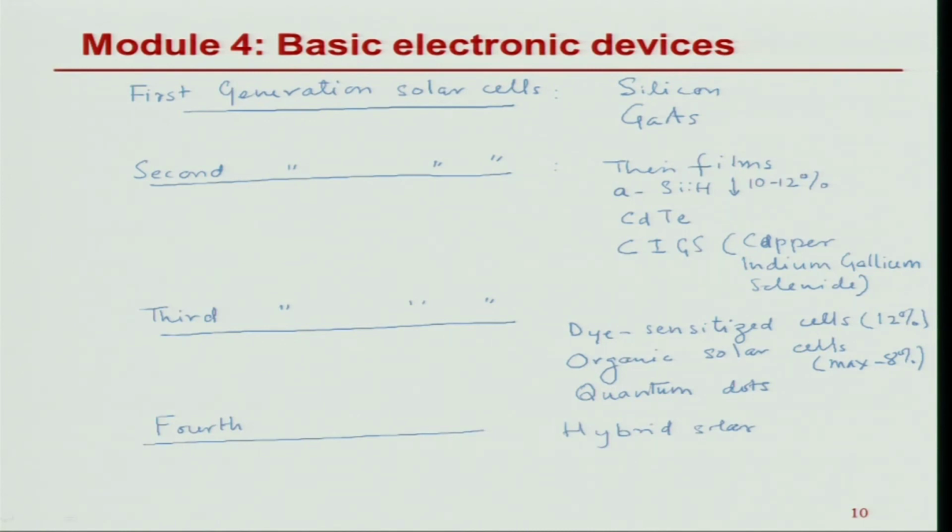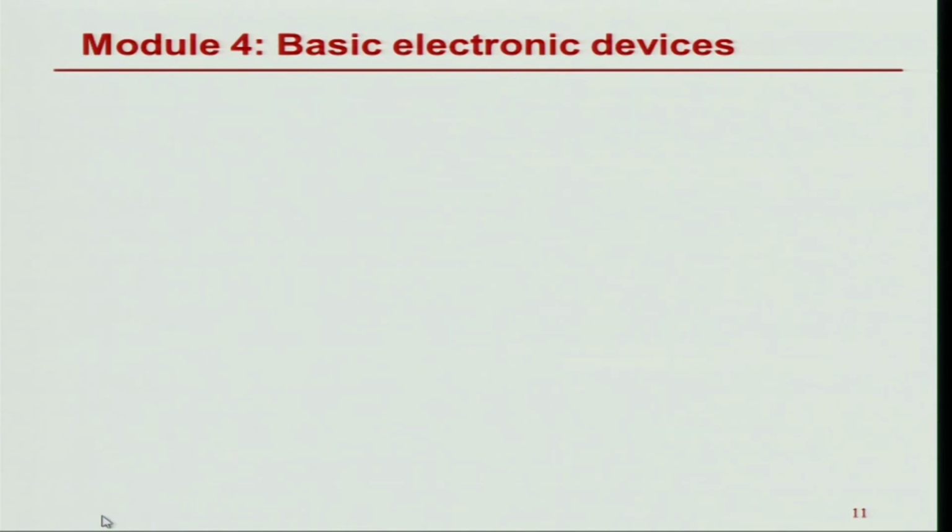So in summary, I have covered what a solar cell device is and how it works. We looked at a single junction p-n junction solar cell and looked at the loss processes in a very good p-n junction solar cell, and what the practical efficiency is that you can get.